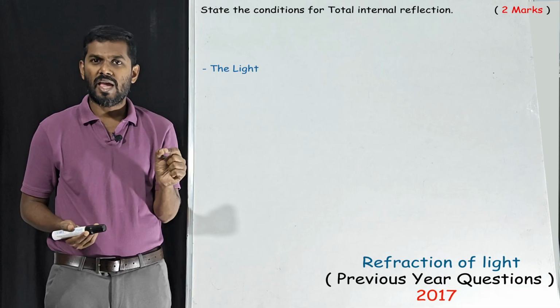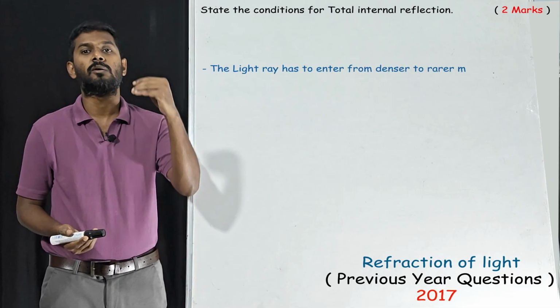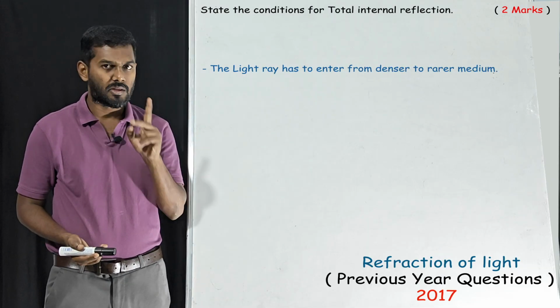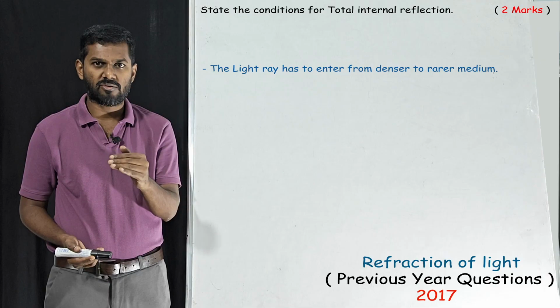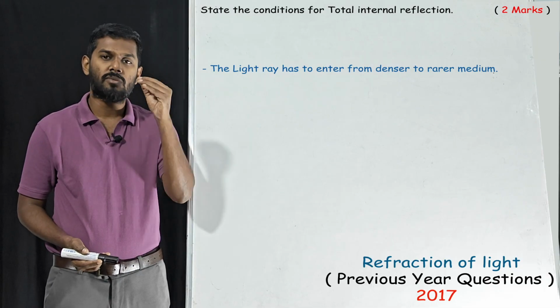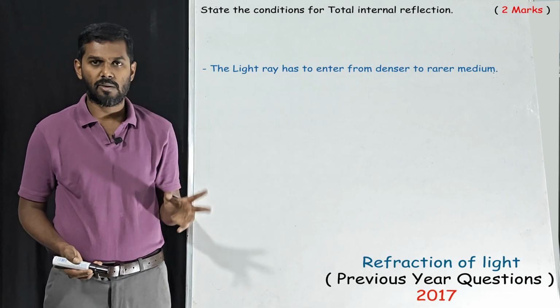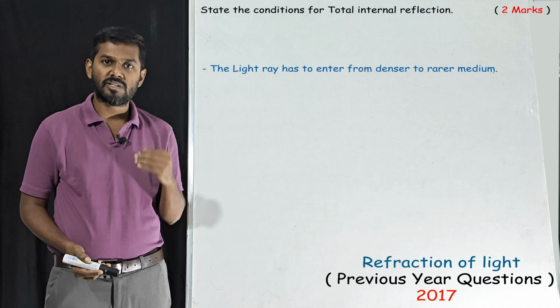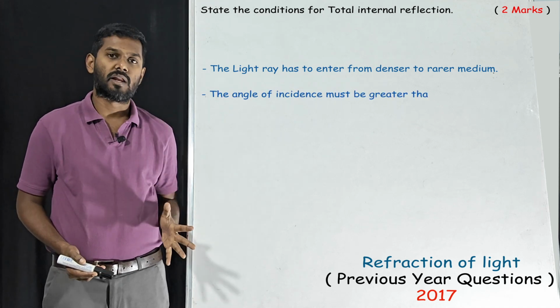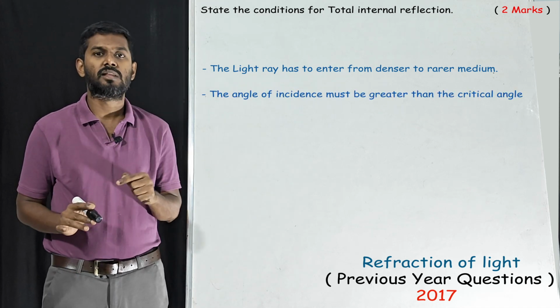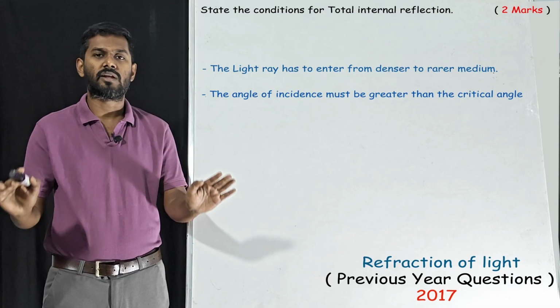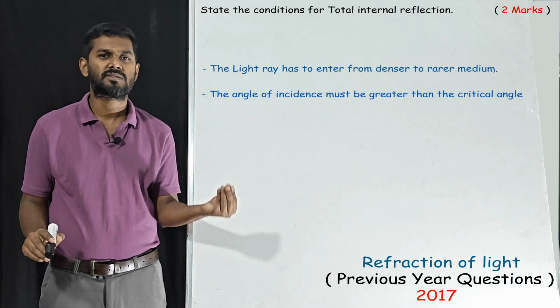First thing, the light ray has to enter from denser medium to rarer medium. That is the first condition. Second one, the angle of incidence should be greater than the critical angle. That's it. These are the 2 conditions for total internal reflection. This is a very basic question.